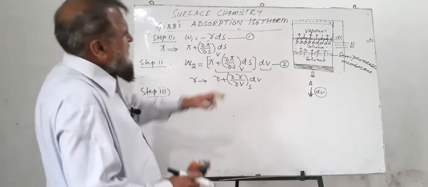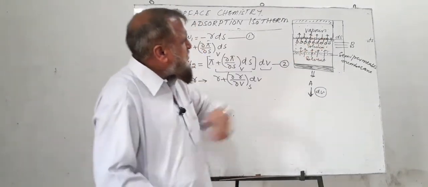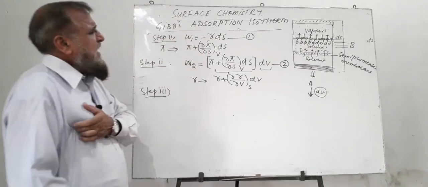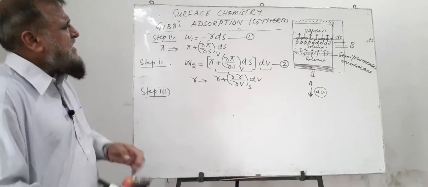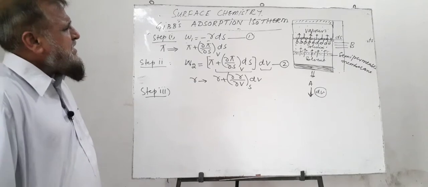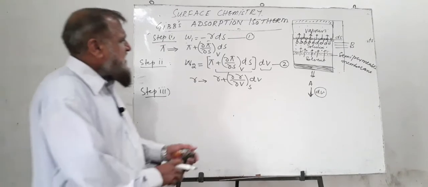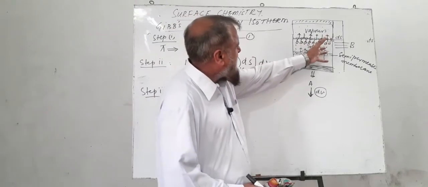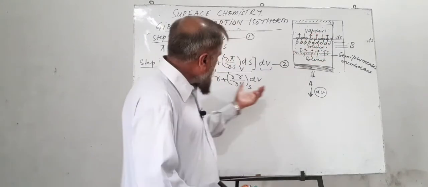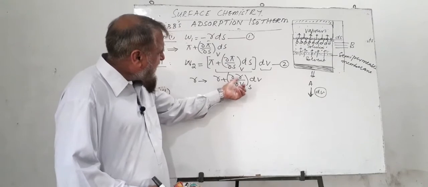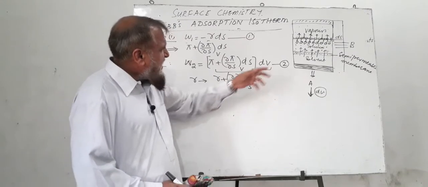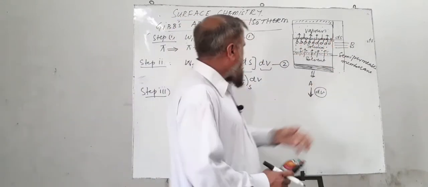In the third step, we bring the piston B back to its original position and decrease the surface area by a small amount dS. Now in this case, we are performing this work against the force of surface tension, which is γ + (∂γ/∂V_S) dV, and the displacement covered by the piston is dS.